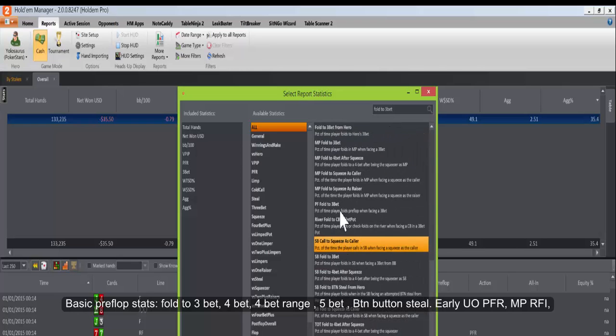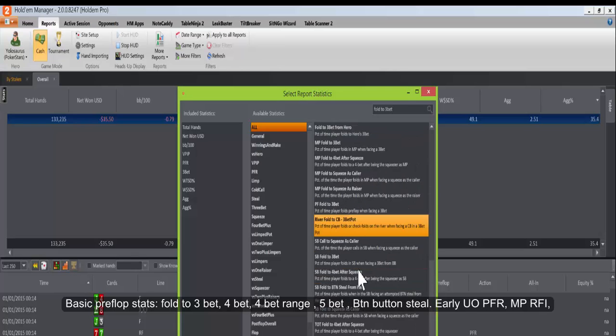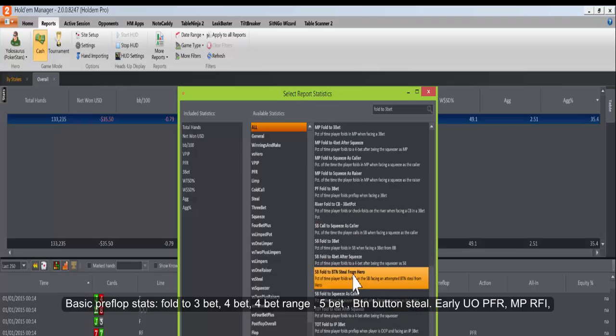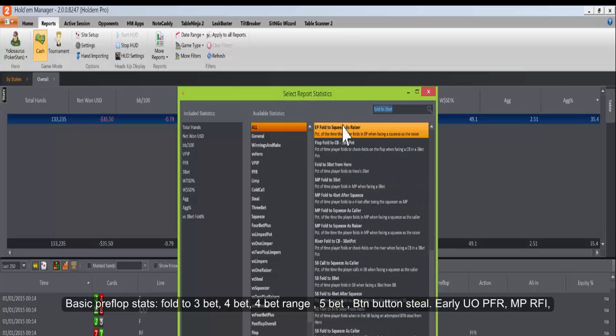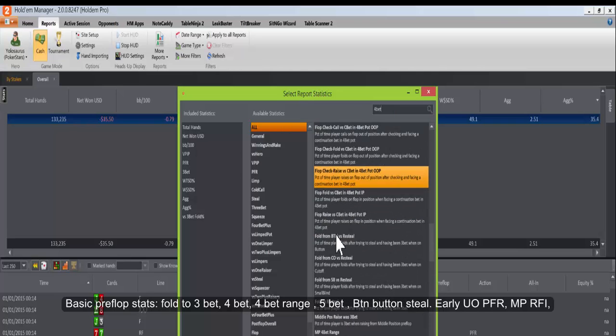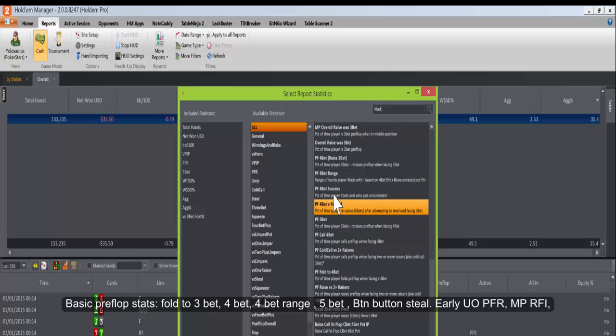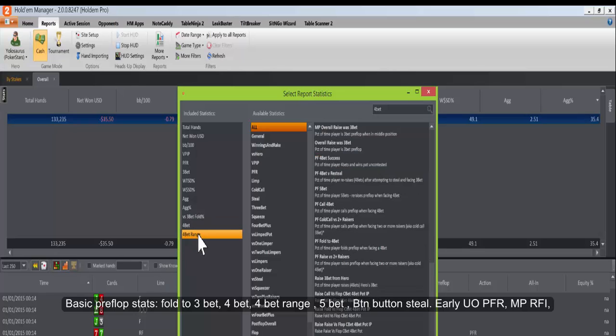It's under pre-flop for the 3-bet, sorted according to alphabetical order. Then we add 4-bet. It's the same pre-flop 4-bet, 4-bet range. I generally use 4-bet range. Later I'll explain it.